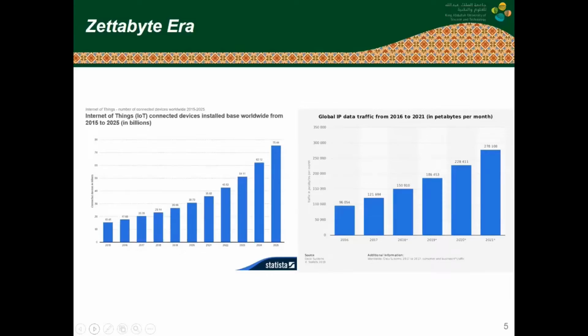We see these two graphs, the increase in the number of connected devices and people. Actually, we don't have a picture for it, but you have probably seen it in other presentations. And on the right, we see the byproduct of that: a tremendous increase in the amount of data being exchanged wirelessly.